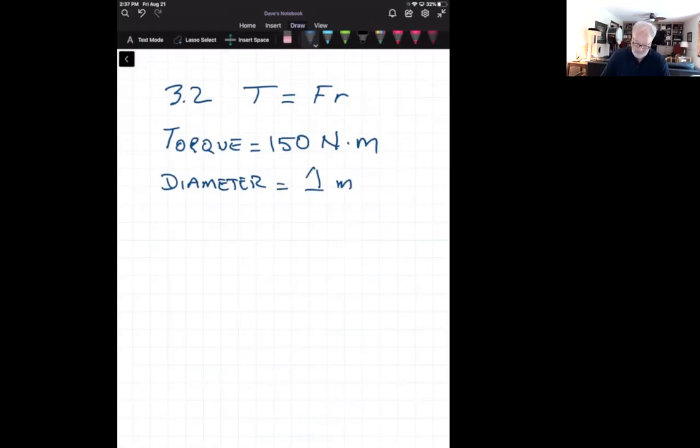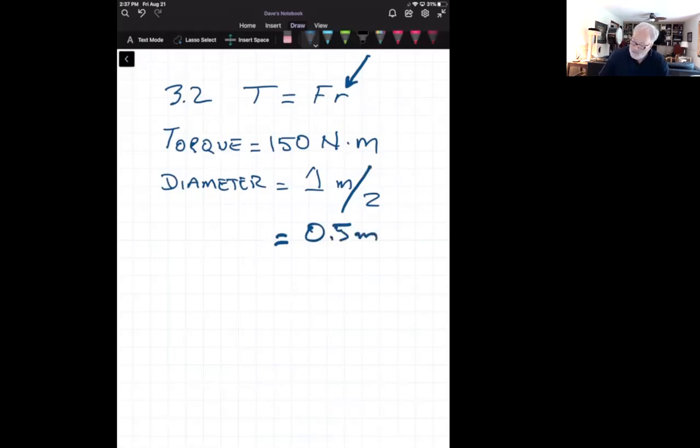The force that you need to keep it from turning is the same force that is generated when it is turning. But first, we have an equation that says nothing about diameter. It is given in terms of radius. So to get the radius, we just divide by 2, and the radius is 0.5 meters.